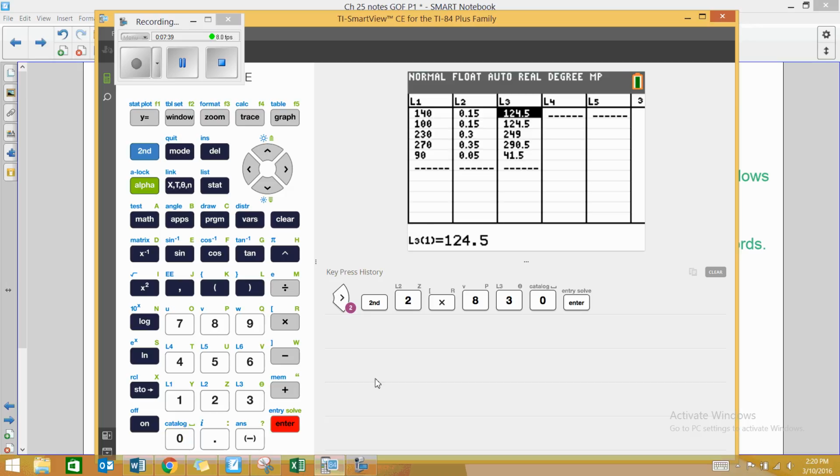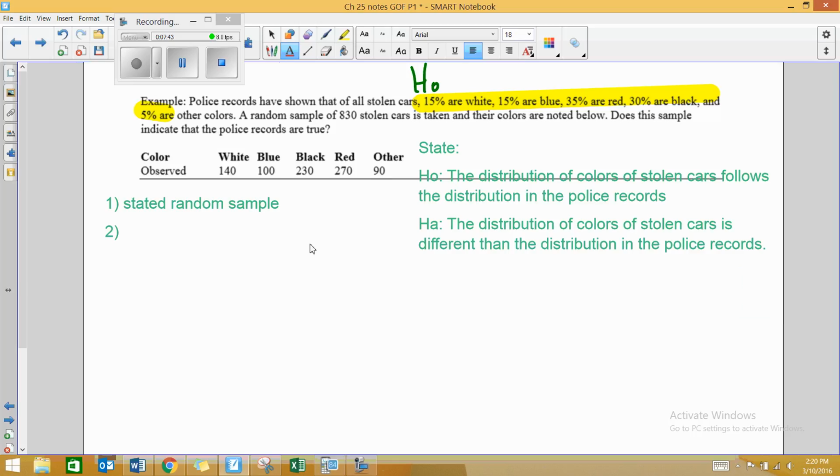So list 3 is now my expected values. So I'm going to just go ahead and record that over here. L3 equals expected values. Just so I have that, you can just put it somewhere off to the side or not necessary.